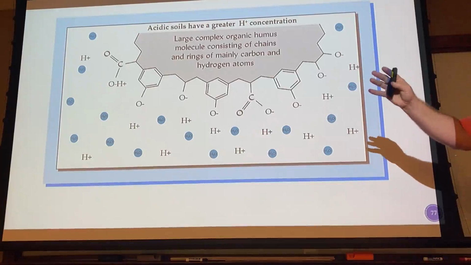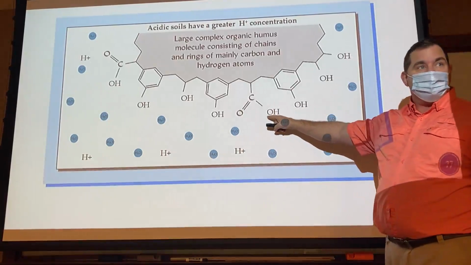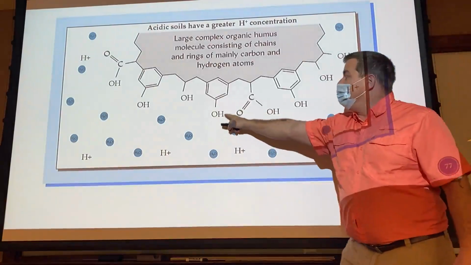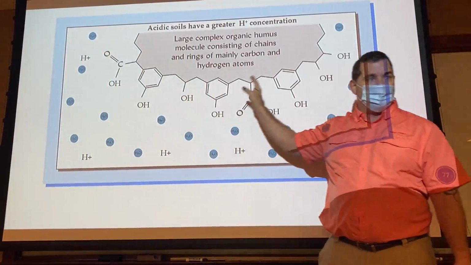Because we're trying to reach that equilibrium of 7, these hydrogens will now associate with the functional groups of organic matter, creating back to where we started, right? So now this organic matter is in equilibrium.